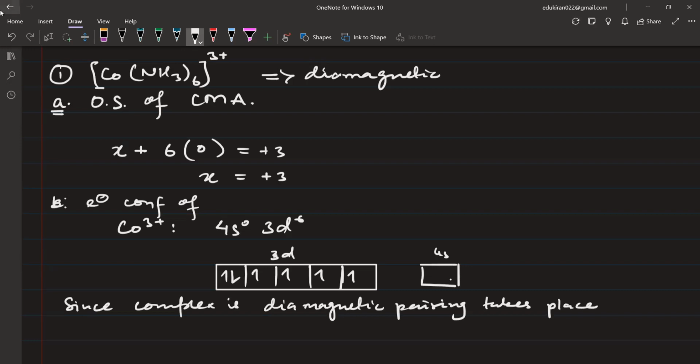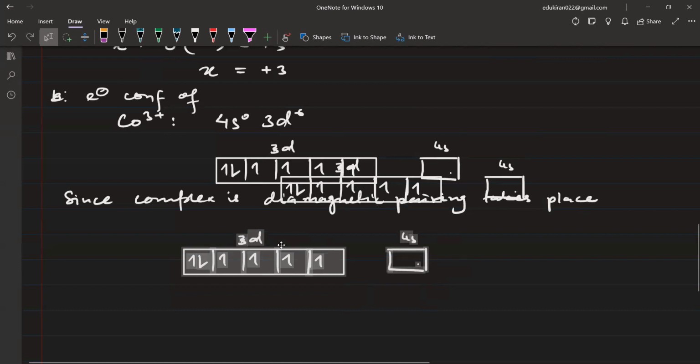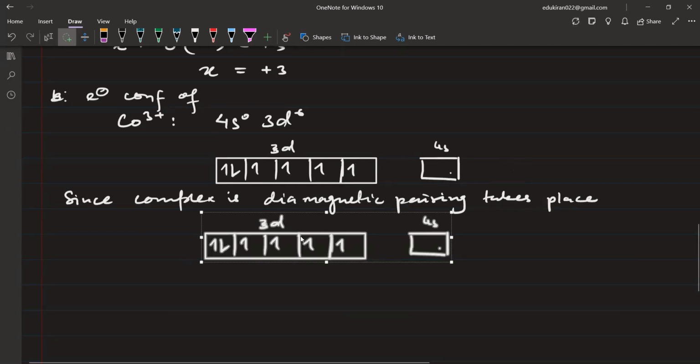So the pairing will take place and you will get the d electrons paired like this: 1, 2, 3, 4, 5, 6.